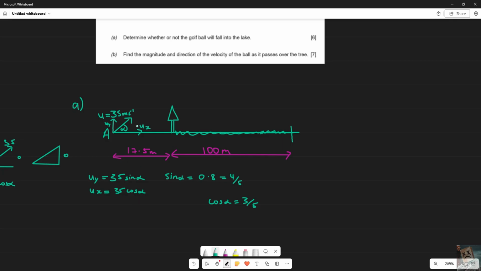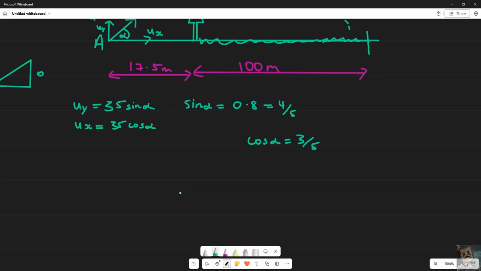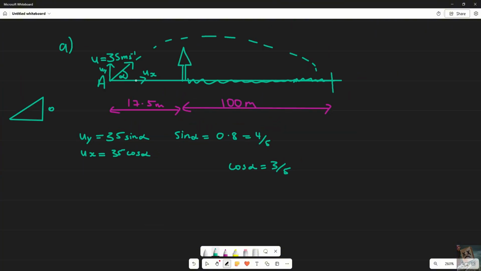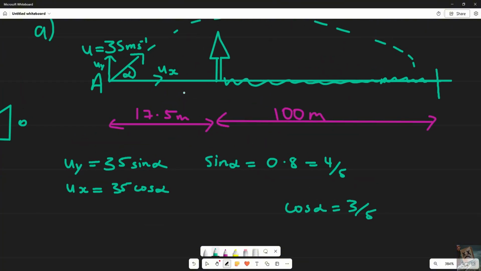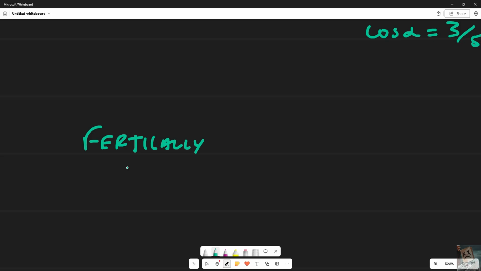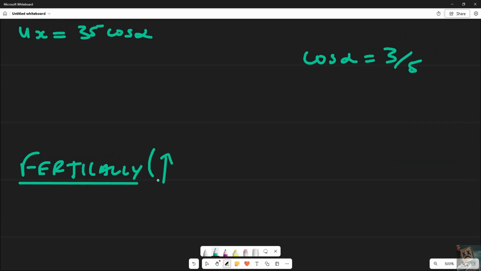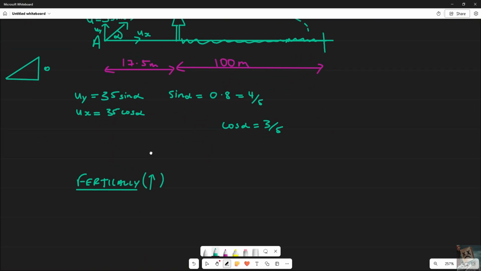So the next thing we're going to do is see if it lands or not. We're going to figure out the time it takes from the origin for it to reach 0 again. So vertically, we're going to say that up is our positive direction.